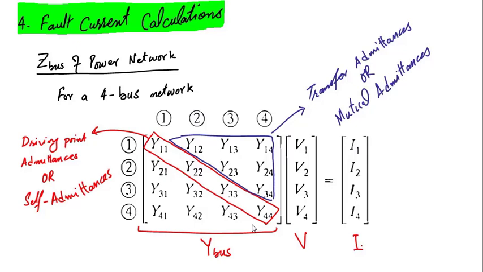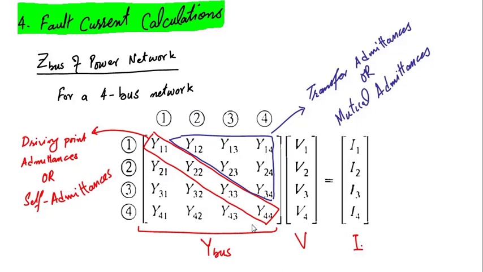So what are these off diagonal entries? The entry Y12 is actually the negative of the admittance connected between bus 1 and bus number 2. Similarly, for example, Y13 is the negative of the admittance connected between bus number 1 and bus number 3.